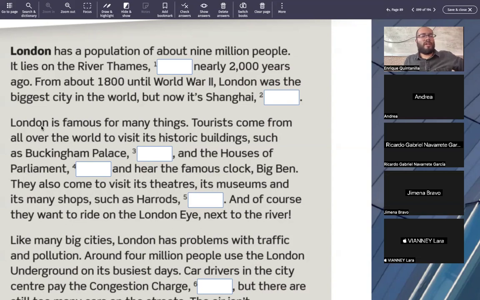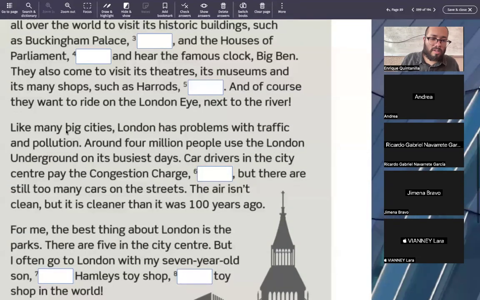¿Quién quería participar, Andrea? Yes, teacher. Like many big cities, London has a problem with traffic and population. Around 4 million people use the London Underground and its buses.